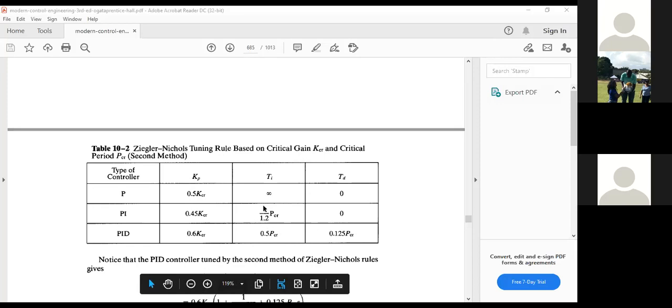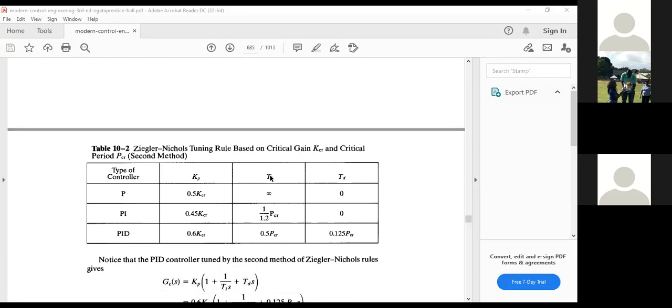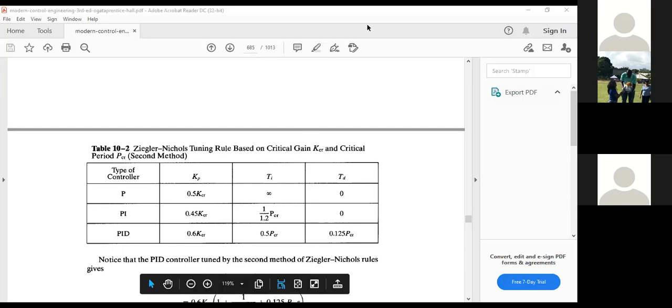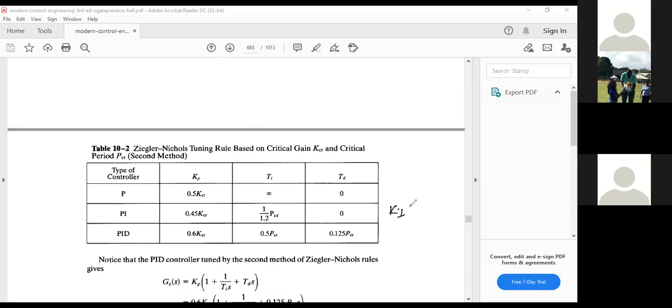And TI, remember now, KP, KI is equal to KP over TI. So we calculated TI as 1 over 1.2 of the frequency of oscillation. And if we were using a PID controller, then these are the values that you would use.